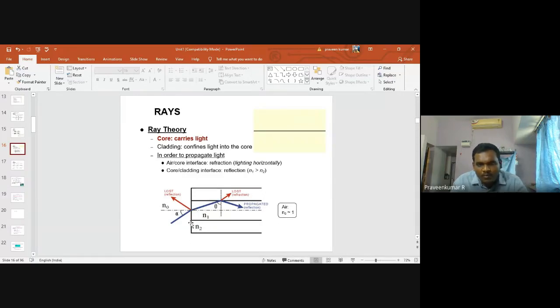The incident angle is a parameter measured with respect to the coaxial line, the center axis of your fiber material. At that time you have to see that N1 is always greater than N2. If so, definitely the signal will get reflected inside the core. But as an engineer, we have to ensure that we will not encourage loss. We always have to think that the signal has to be transmitted only inside the core.